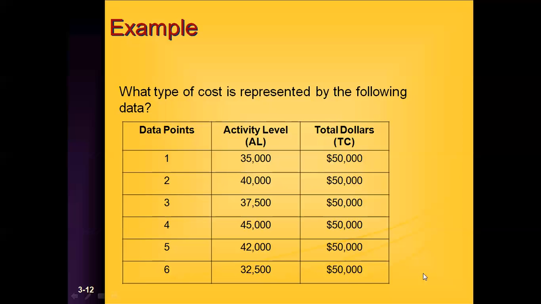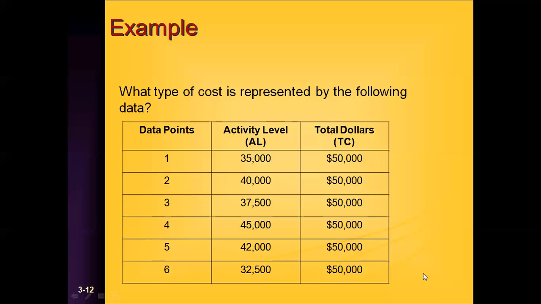Okay, so let's do some drills here to see if you can make some determinations in the types of costs that are represented by the data below. So we have 6 data points here where we've captured activity level at various points, and we've captured the total dollar costs that are associated with those.